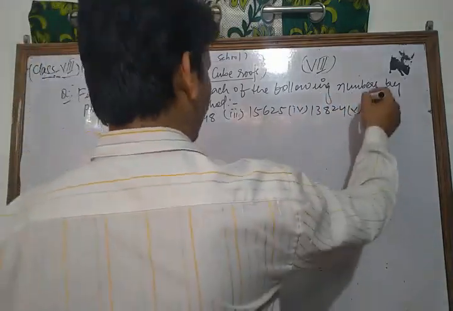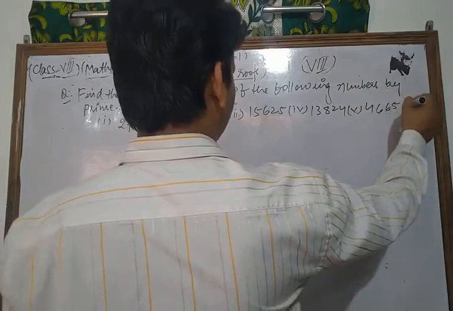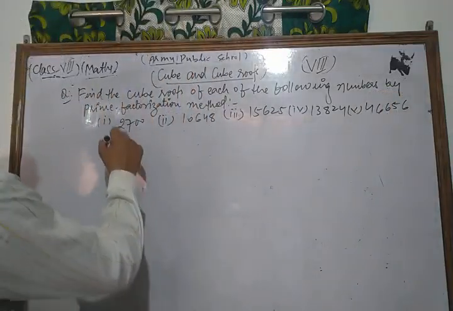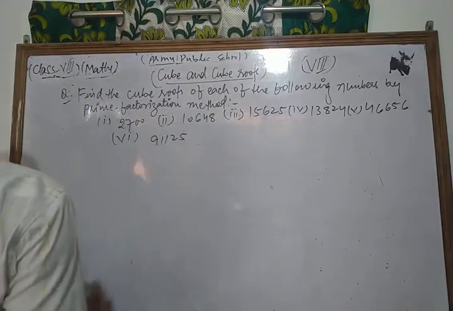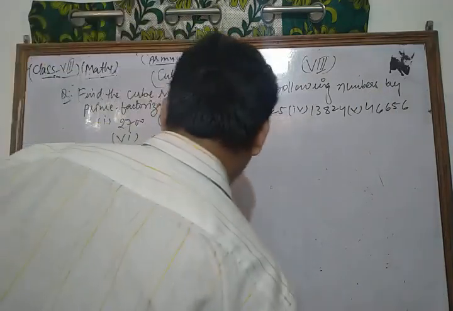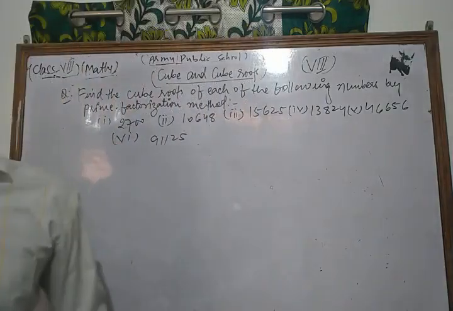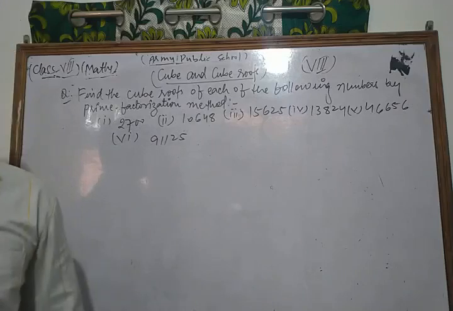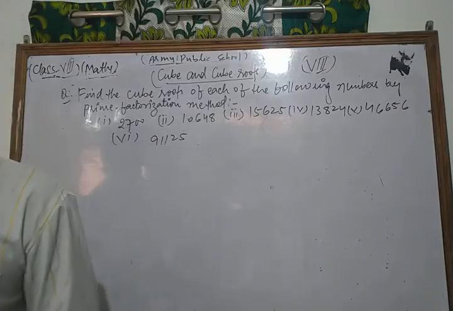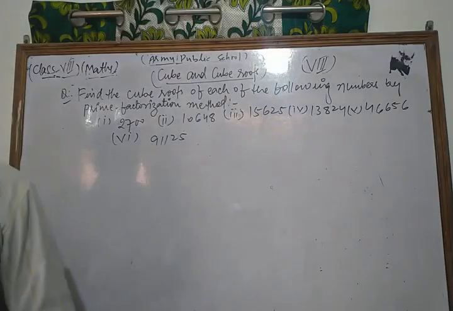Fifth one, 46656, and the last one, 91125. So in all these questions we find the cube root of each of the following numbers.